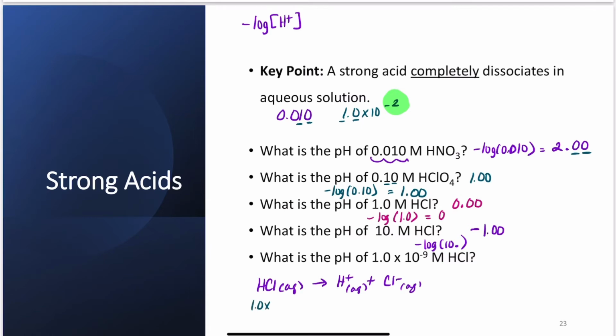This tells me I have 1.0 times 10 to the negative 9th molar H+ and 1.0 times 10 to the negative 9th molar Cl-. So why don't I just take this and calculate the pH? Because we have the autoionization of water. Remember, the autoionization of water means that two water molecules are always forming this equilibrium.